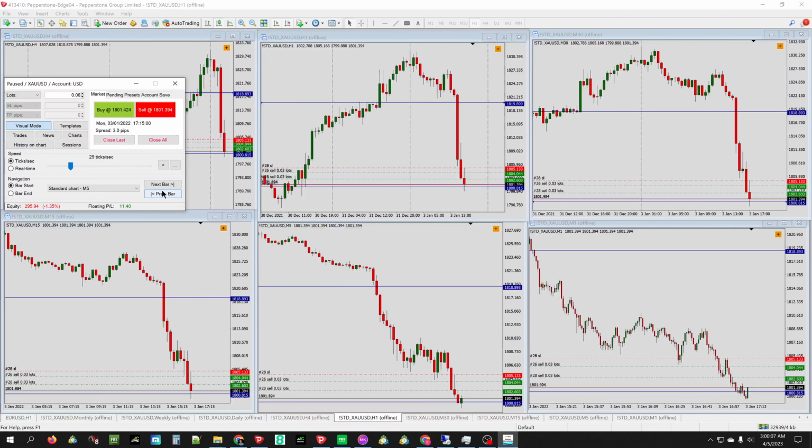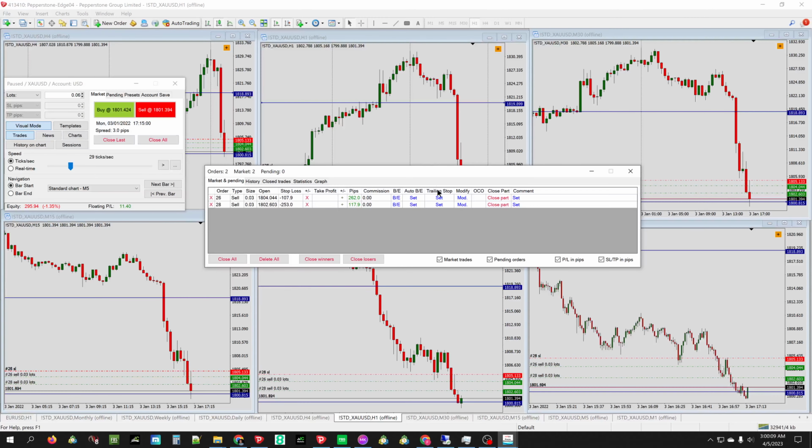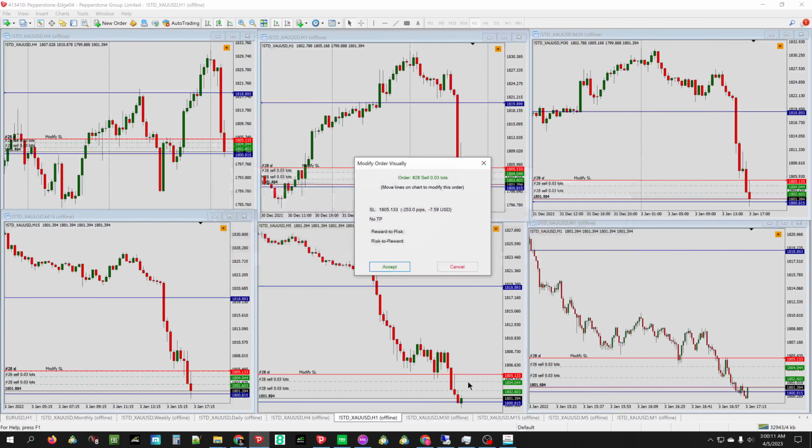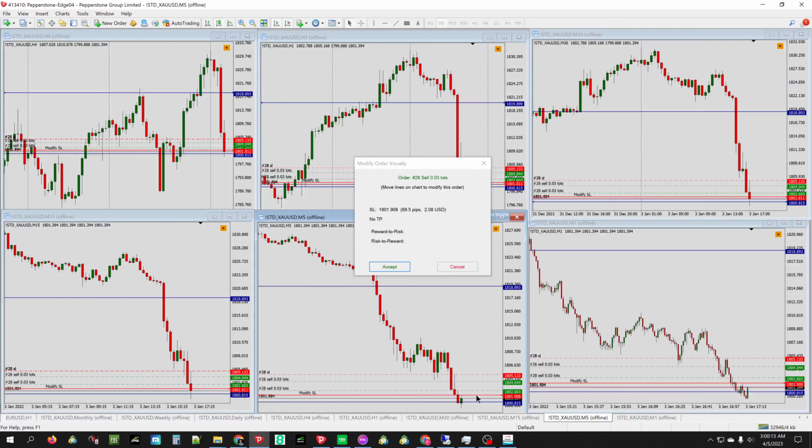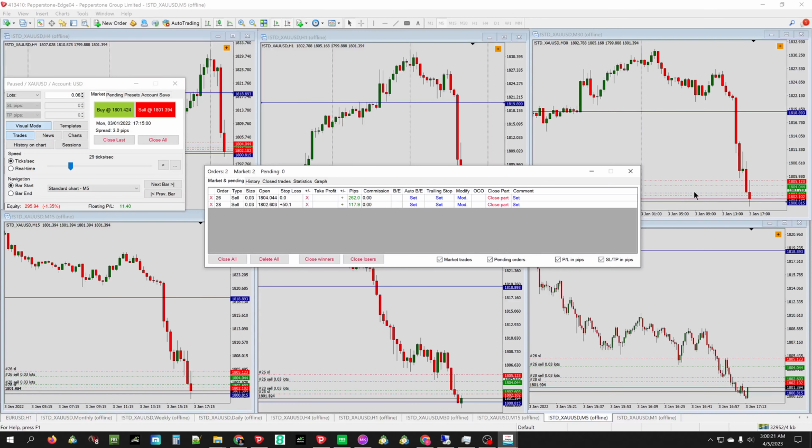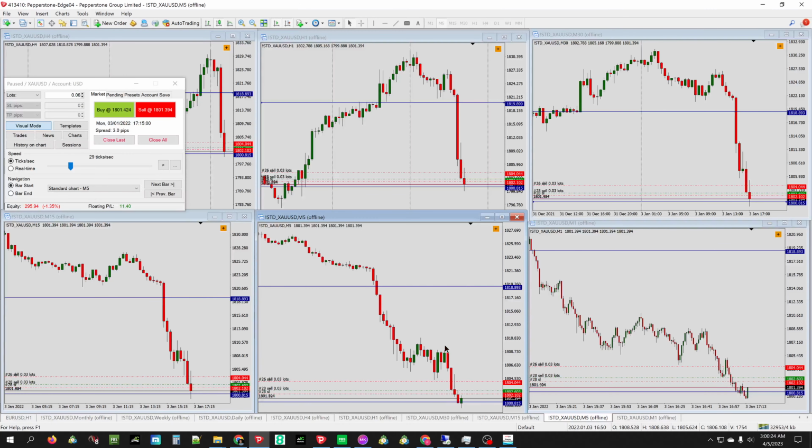Oh, wait a second. Because I want to take profit on the B grade setup, I will put my stop loss above the previous M5 candle high, which is around 5 pips, and I will break even the rest of the position, because there is still probability for price to continue pushing down.